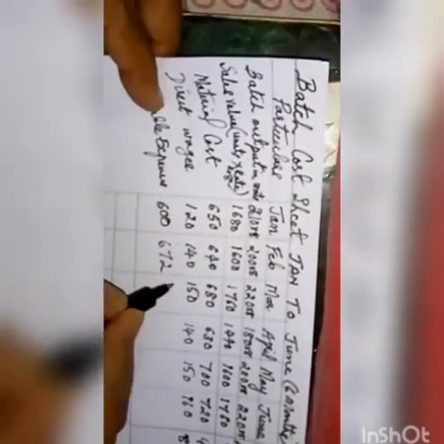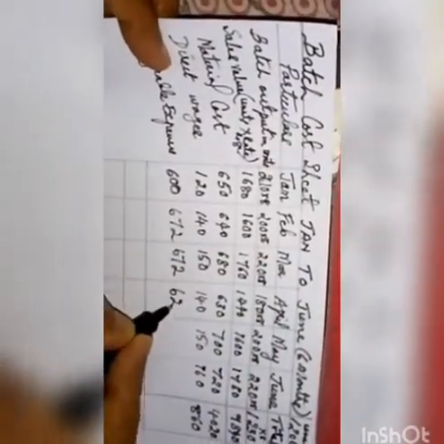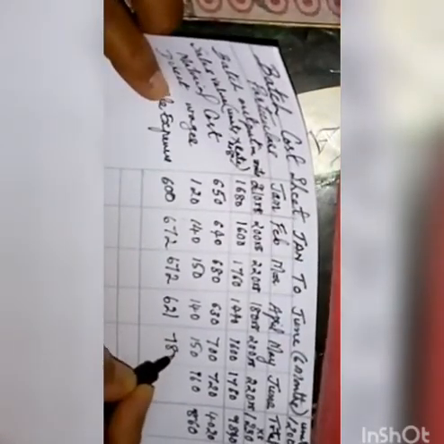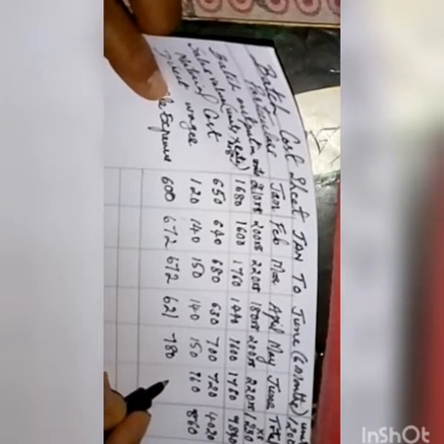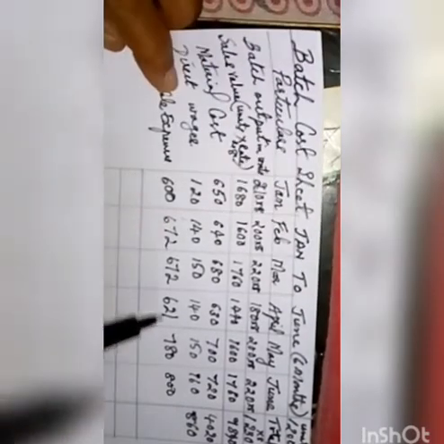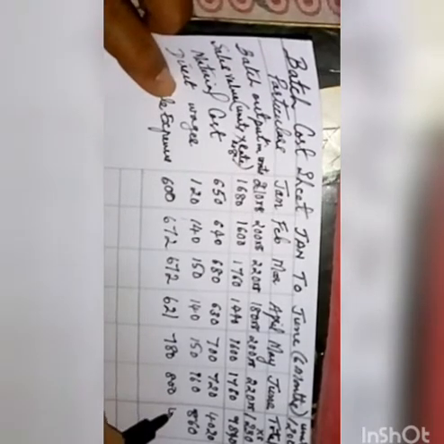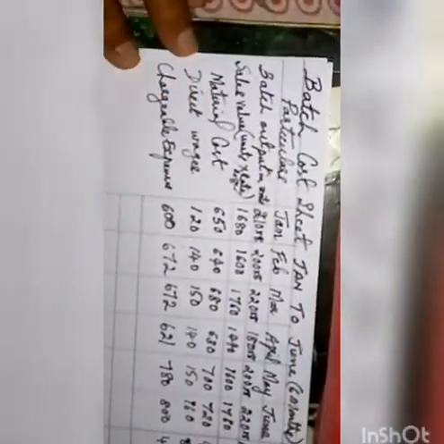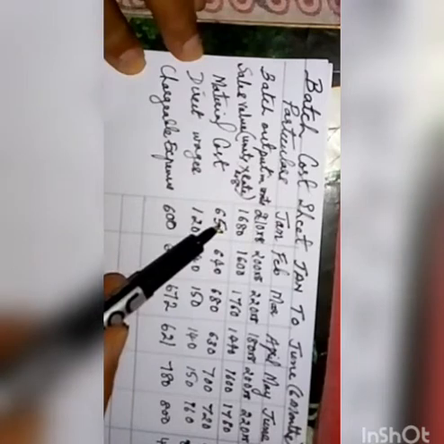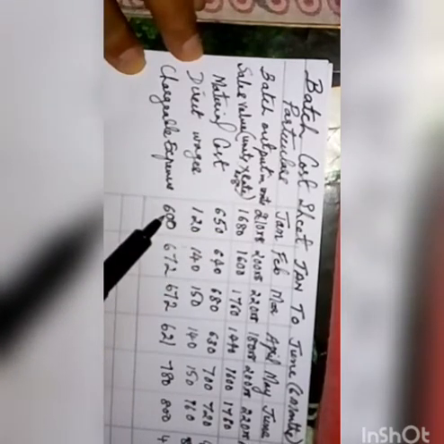For the month of March, this is 672. For the month of April, 621. For the month of May, it is 780. For the month of June, 800. So total of chargeable expenses comes to 4,145.